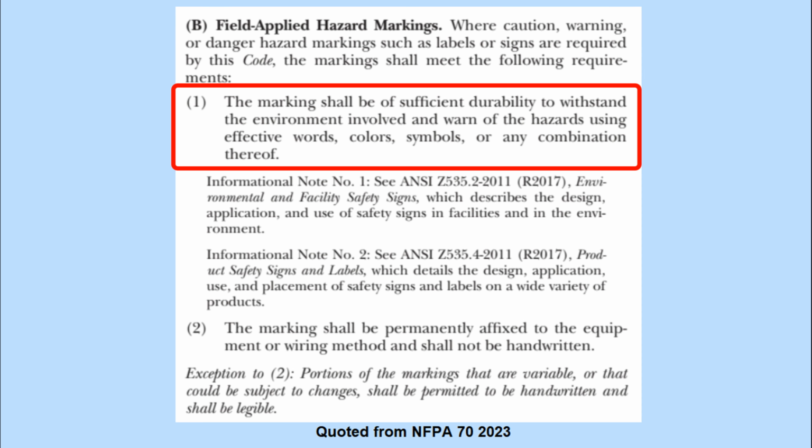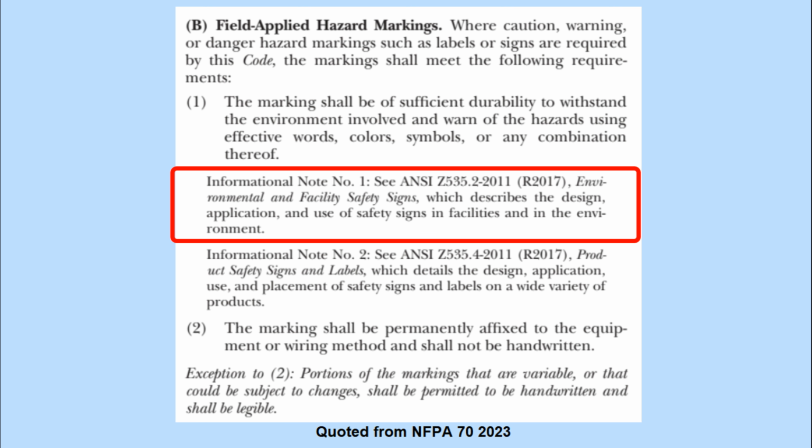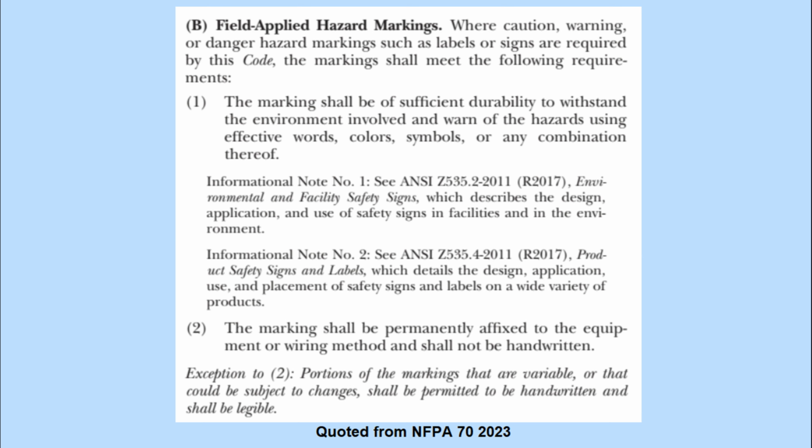The marking shall be of sufficient durability to withstand the environment involved and warn of the hazards using effective words, colors, symbols, or any combination thereof. Informational note number 1, see ANSI Z535.2-2011 R2017, Environmental and Facility Safety Signs, which describes the design, application, and use of safety signs in facilities and in the environment.